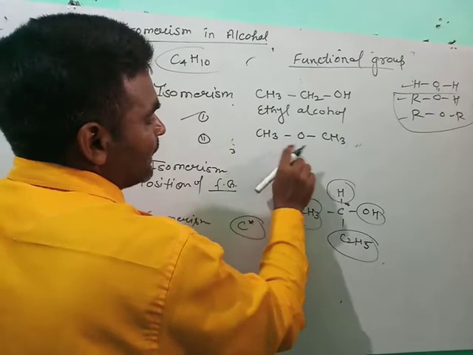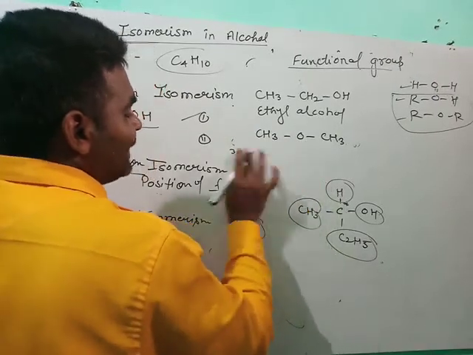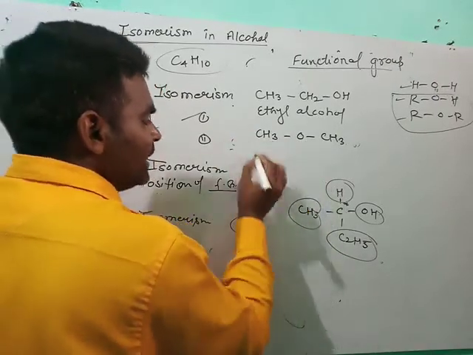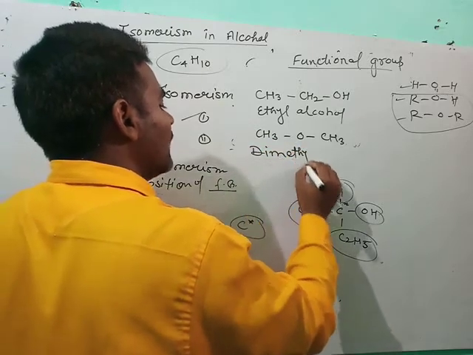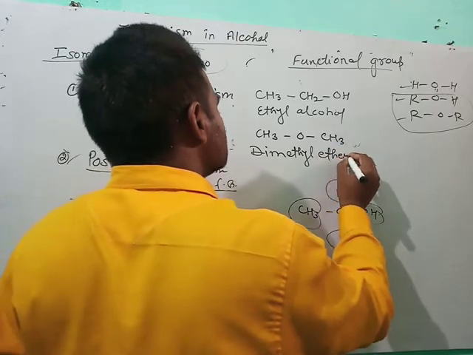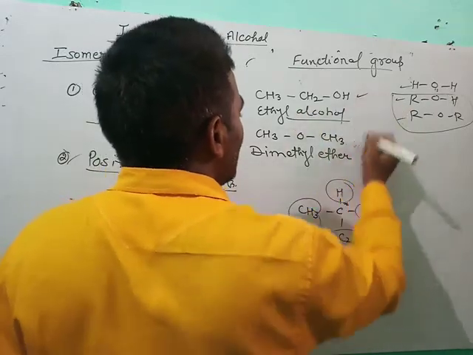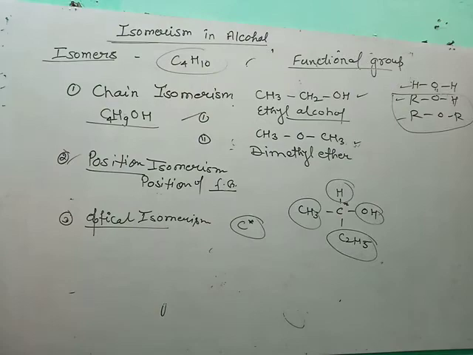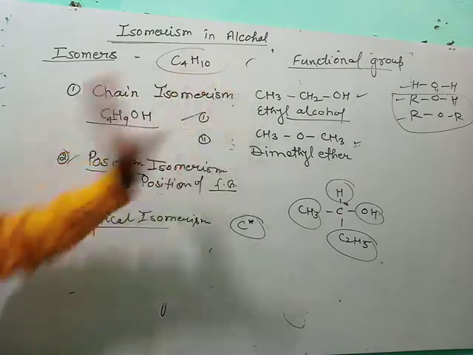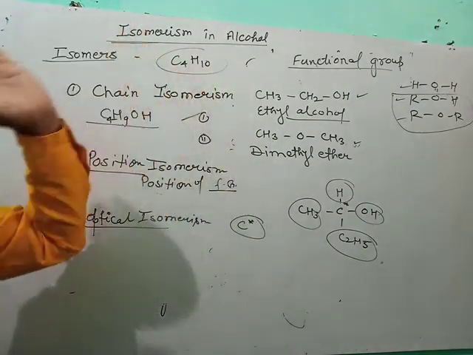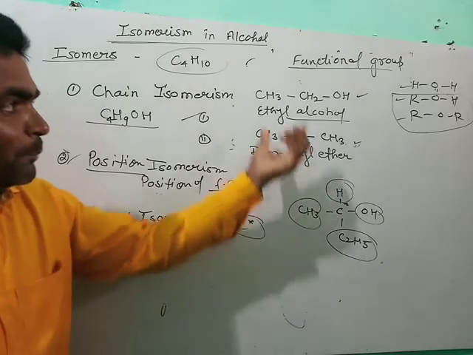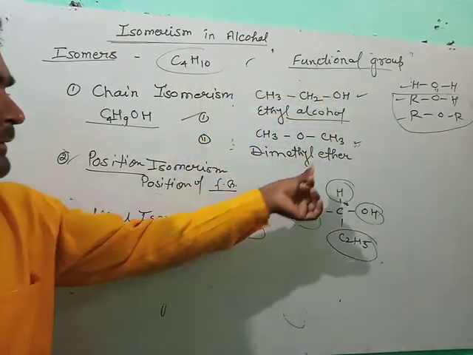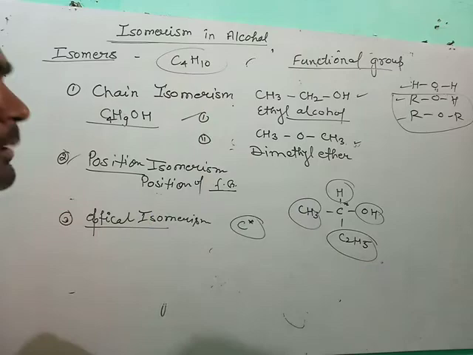This is the alkoxy group, and this is called ether, and the name is dimethyl ether. This is the alcohol, and this is the ether. So these two examples are examples of functional group isomerism, because these compounds contain two different functional groups. The first contains an alcohol group, and the second contains ether as a functional group.